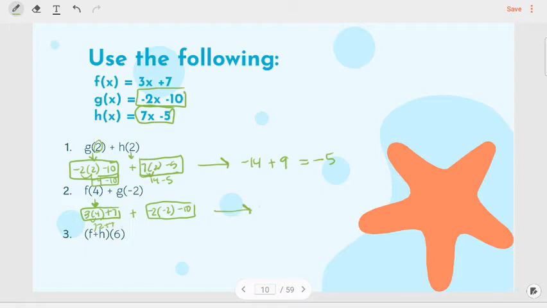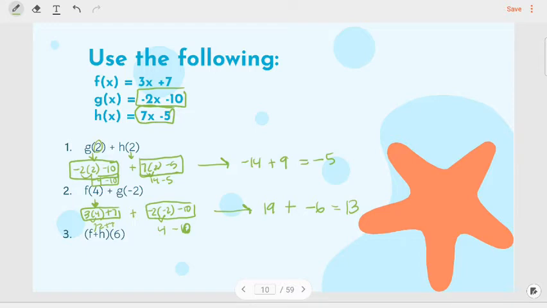So this translates to 19 plus negative 2 times negative 2 is positive 4, minus 10 is negative 6. So this translates to 19 plus negative 6, which simplifies to a total of 13.